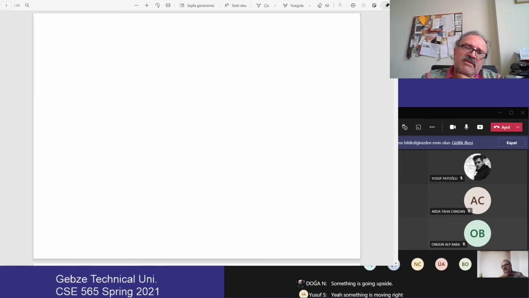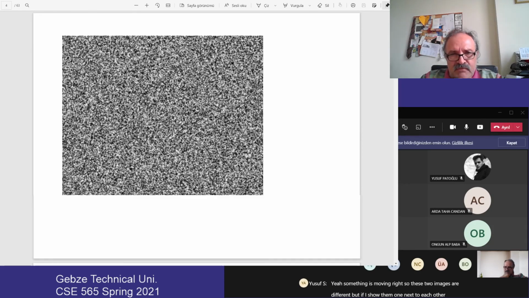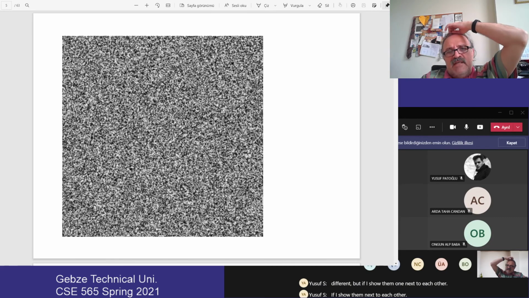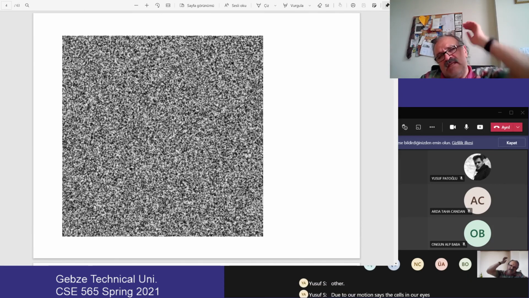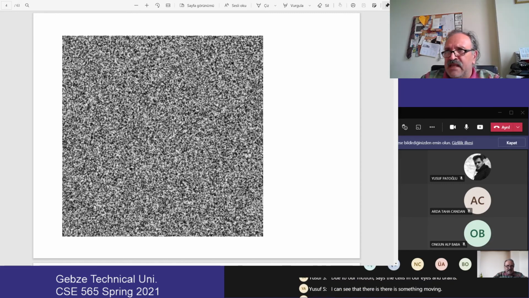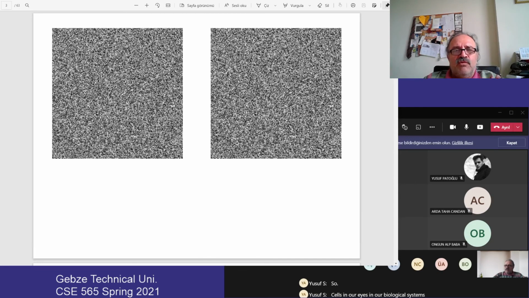So these two images are different, but if I show them one next to each other, you don't see the difference, but if I show them one after the other, due to our motion sensitive cells in our eyes and brains, I can see that there is something moving. So there are lots of cells in our biological systems that are sensitive to motion. So this is stereo stuff, left and right.